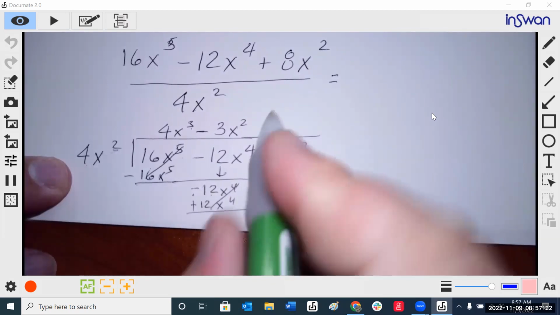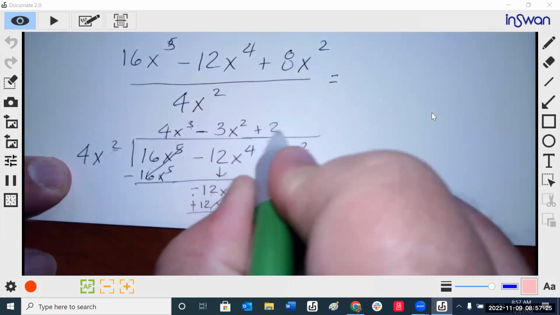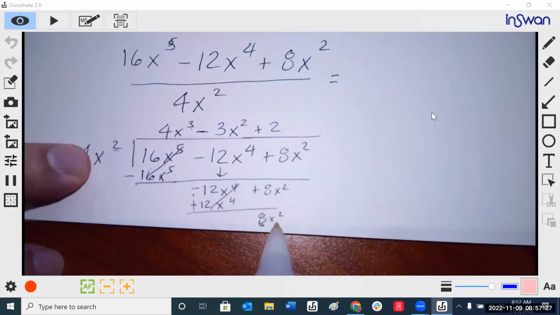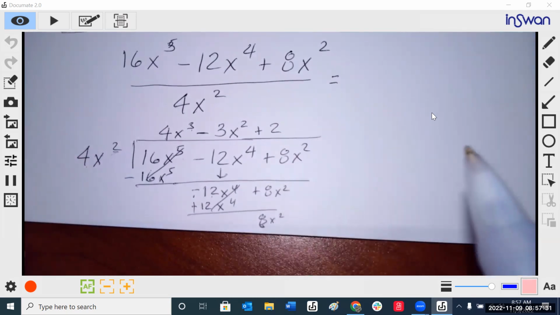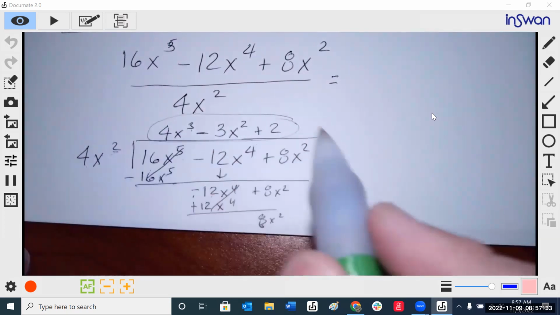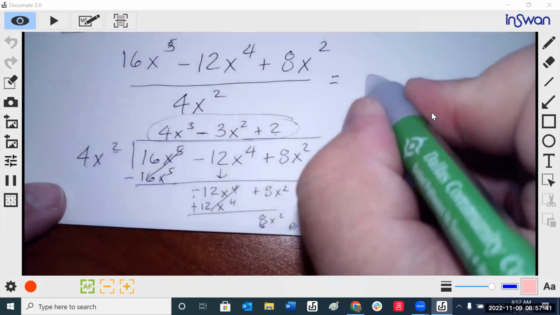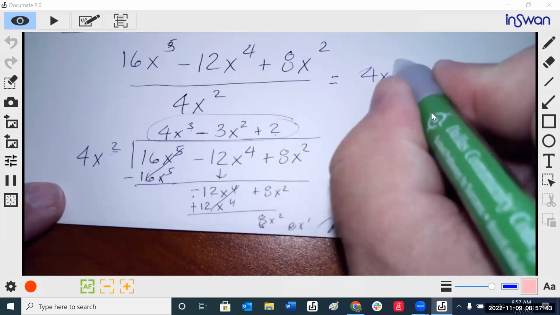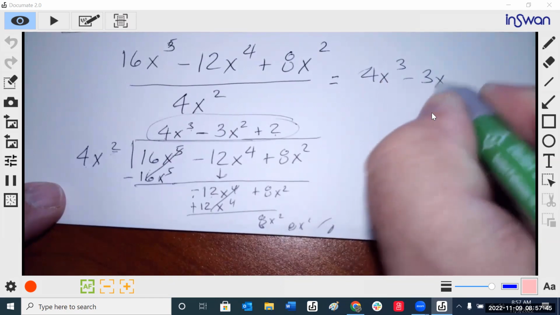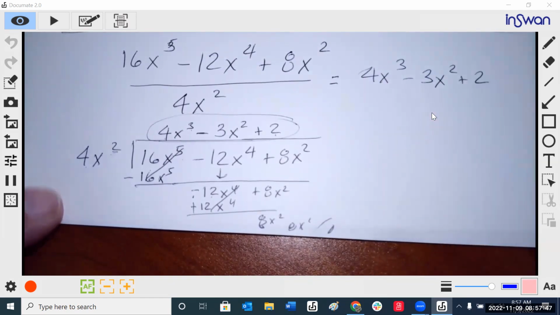What times 4 is 8? X squared times what gives me x squared? It just wants nothing. So there's my answer. 2 times 4 is 8. X squared, subtracting, leaves me at 0. So my answer is 4x cubed minus 3x squared plus 2.